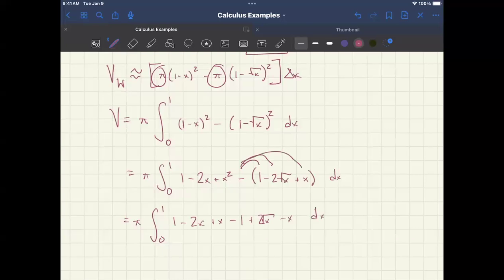We want that dx there. Our ones are going to cancel, and then we can put some things together.